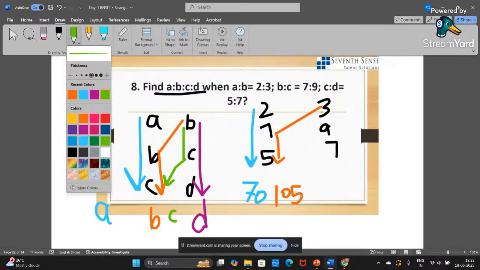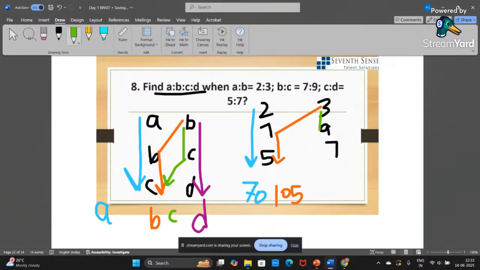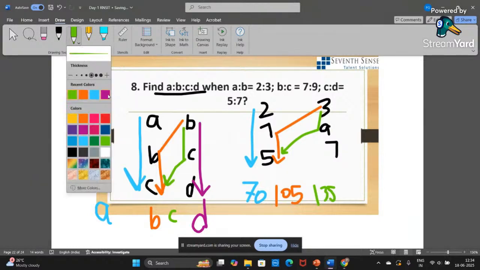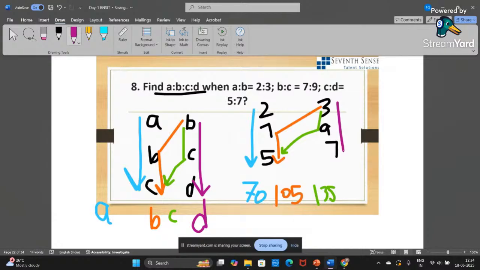To find C, 3 into 9 into 5. 5 nines are 45 into 3. It is 135. Then to find D finally, 189.